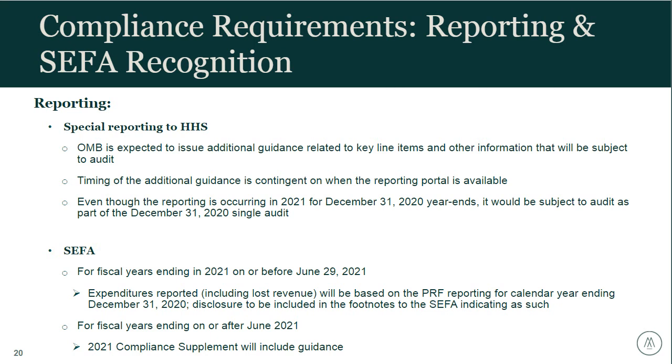What are the things we would need to be auditing? What are the things providers would need to be preparing from a documentation perspective? The single or program-specific audit definitely has a lot more transactional level testing that's done to be able to test the compliance, especially around the allowable costs or activities. It may not necessarily be the same under the financial audit of the provider relief fund schedule.